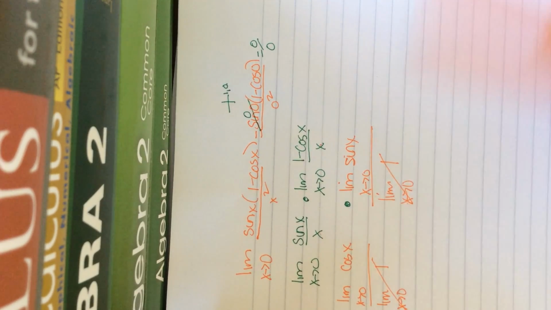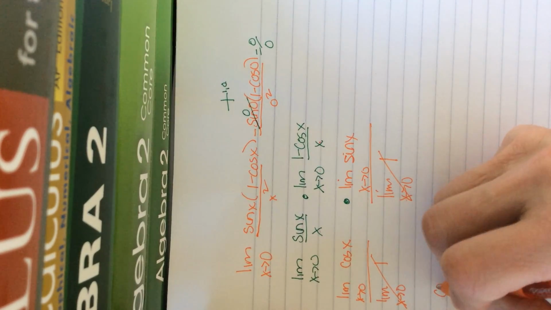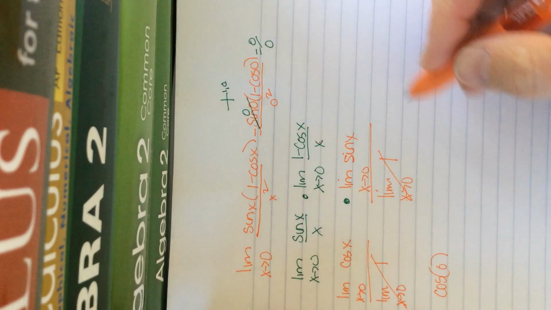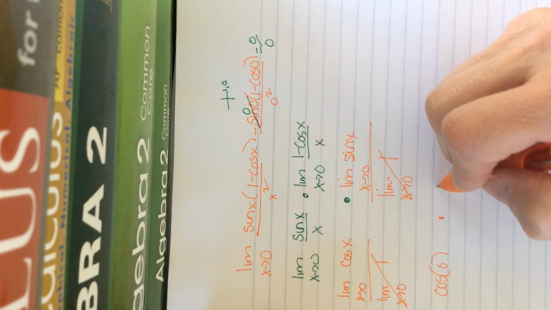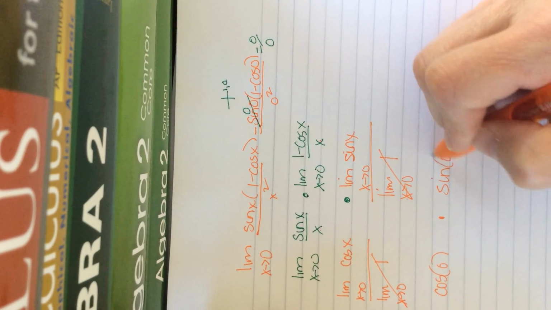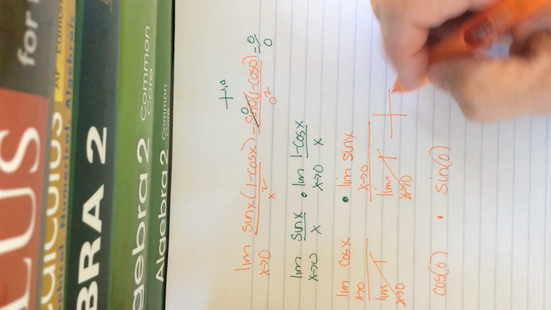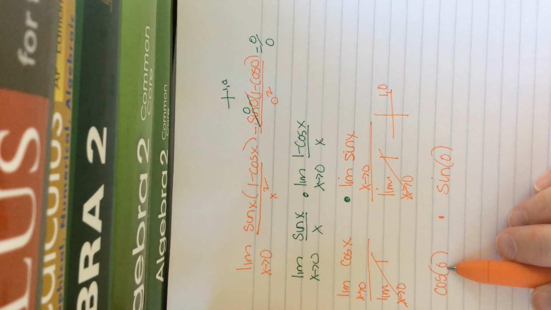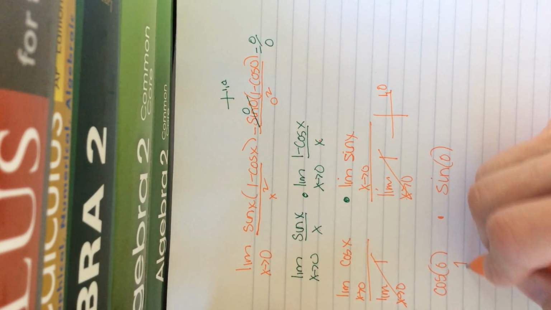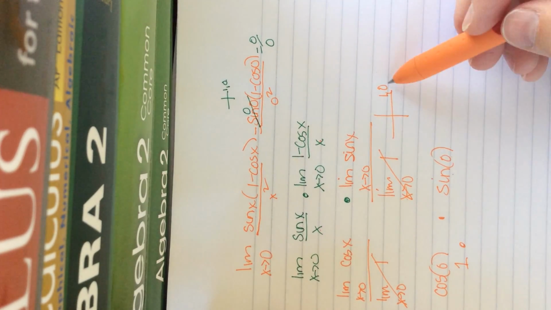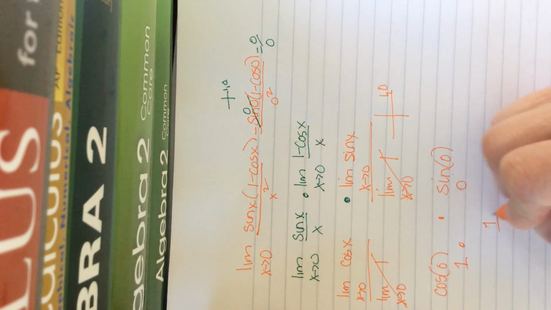Now let's do a little substitution. What is cosine of 0? We'll multiply that by the sine of 0. And our circle, 1, 0. What's cosine of 0? 1. And what is the sine of 0? 0.